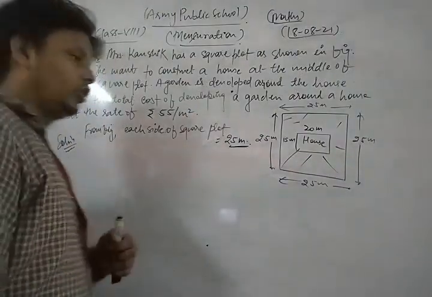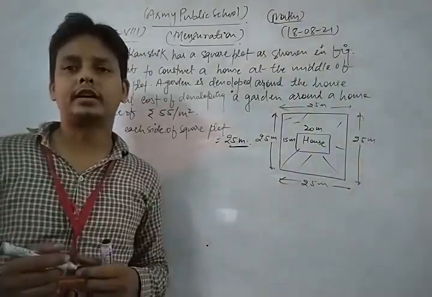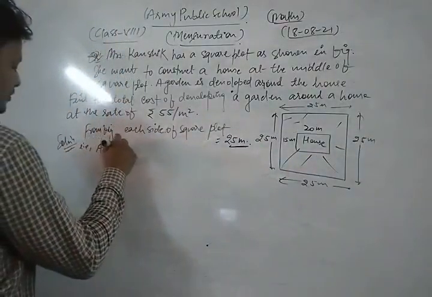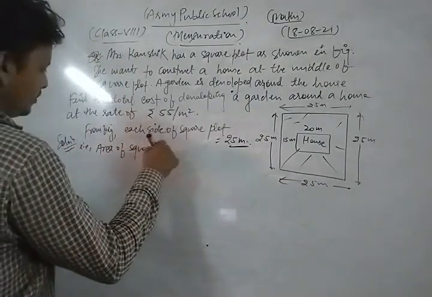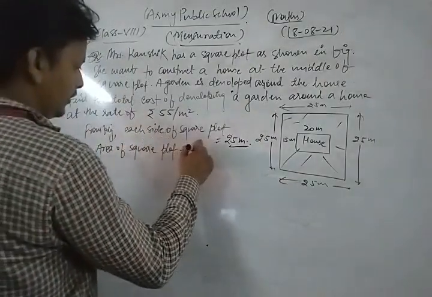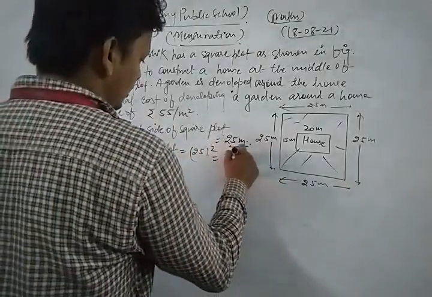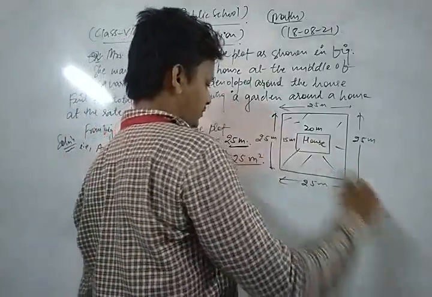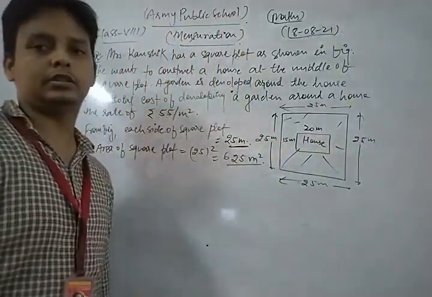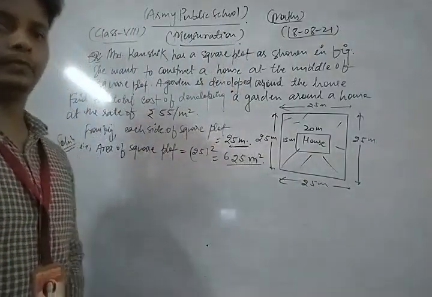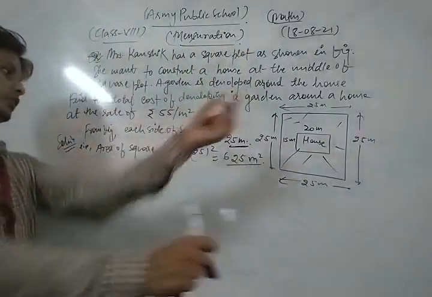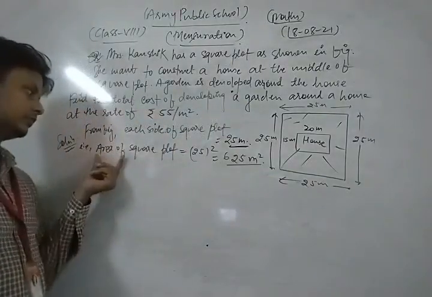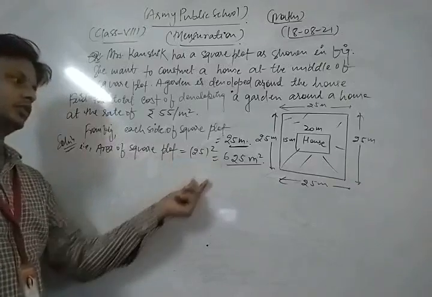So what is the area of that square plot? You know that the area of a square is side square. Thus, the area of the square plot, with side 25, is 25 square, which is 625 meter square.